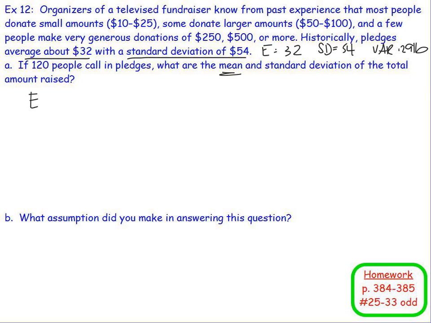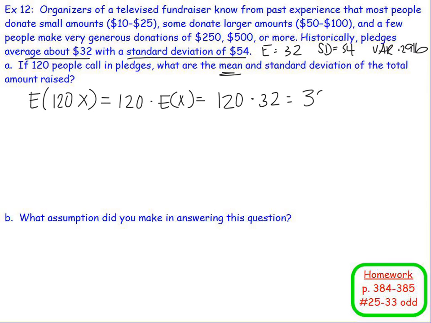So we need the expected value of 120 people calling in. So 120 X's. Well, as we already know, that's simply 120 times the average or the expected value per caller. So 120 times 32 is a good amount of money raised. It looks like 120 times 32 is $3,840.